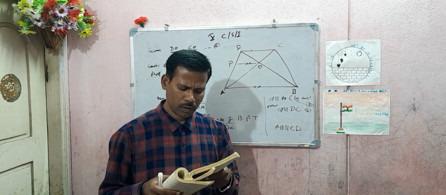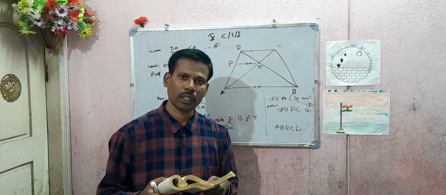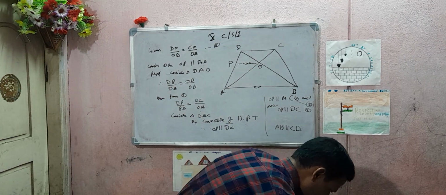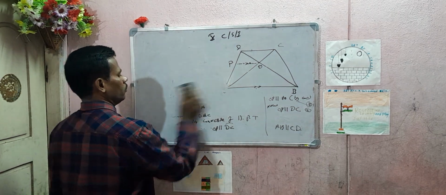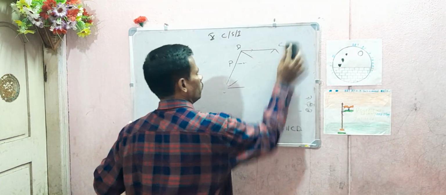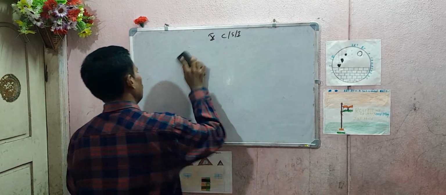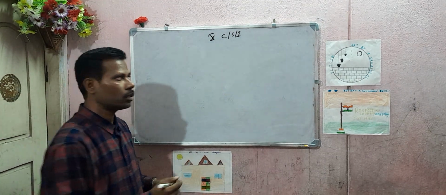If the bisector of the vertical angle bisects the opposite side, what does it mean?